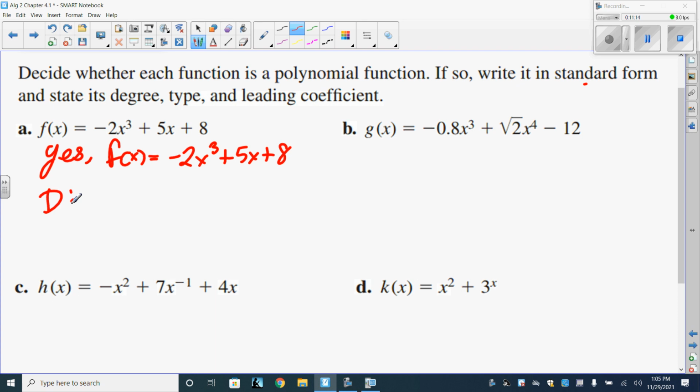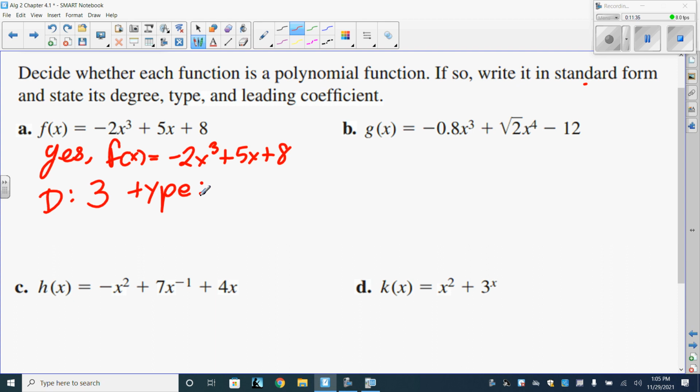Now, what would the degree of this be? So the degree would be 3, because the biggest exponent is 3.